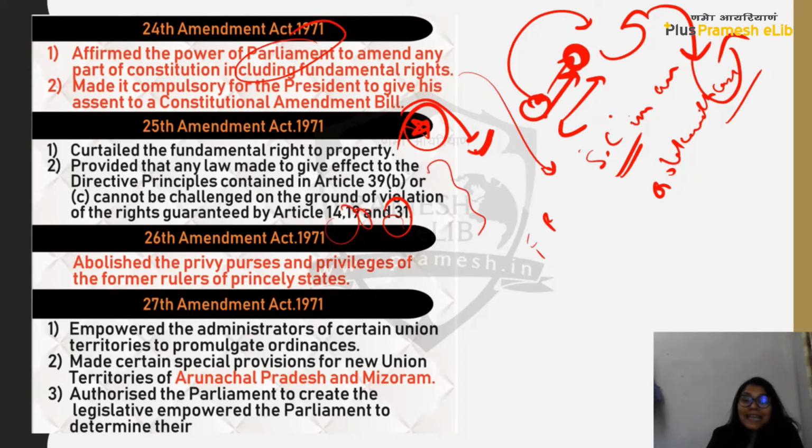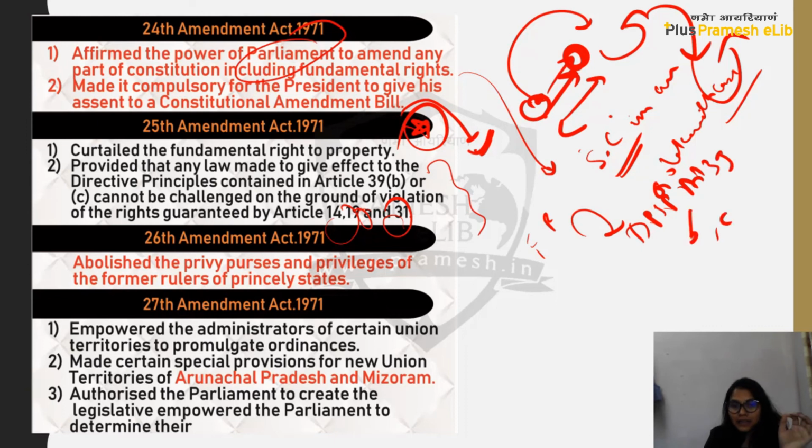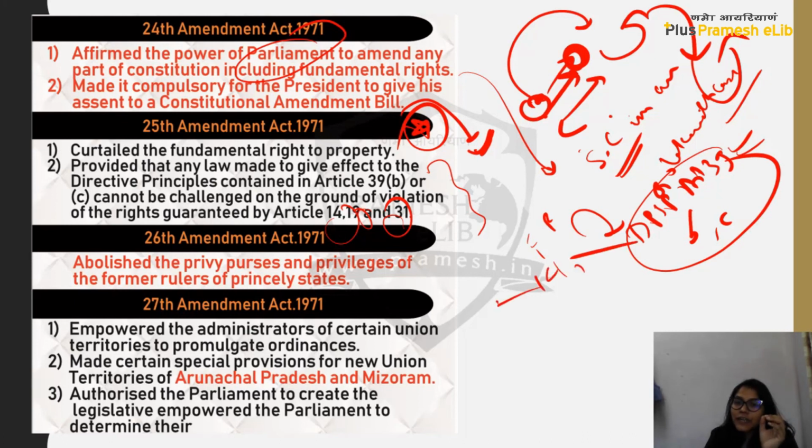What does this long sentence say? It tells you that via the 25th Amendment, parliament is saying that if it brings any law to fulfill its obligations under DPSP Article 39 B and C, then these laws cannot be challenged on the ground that they violate Article 14, which is right to equality, Article 19, freedom of speech and expression, and Article 31, which is the right to property, which was later repealed.